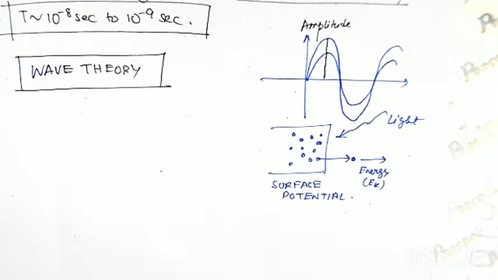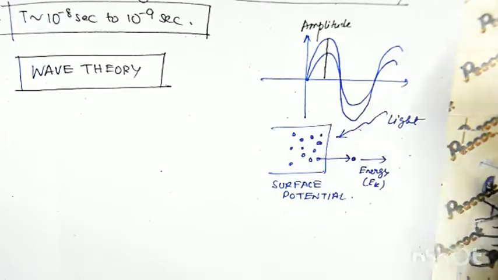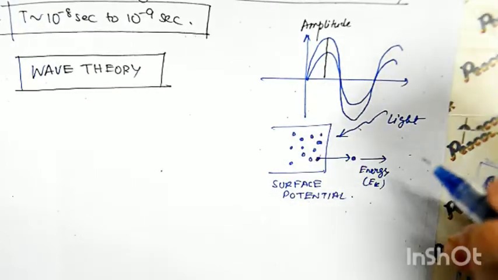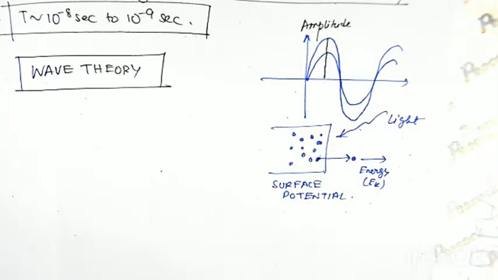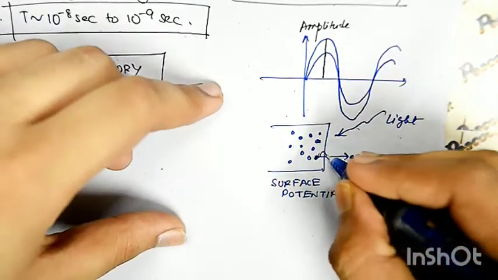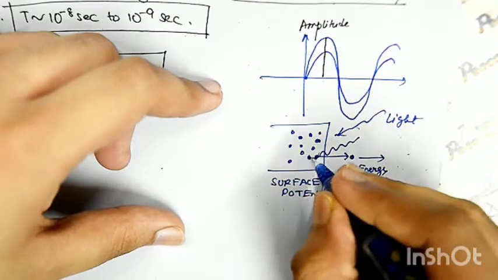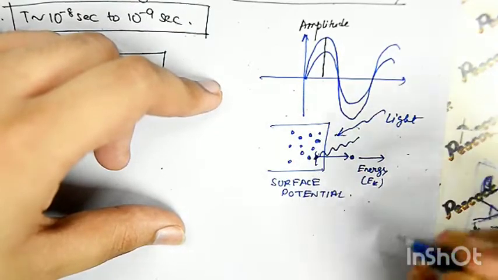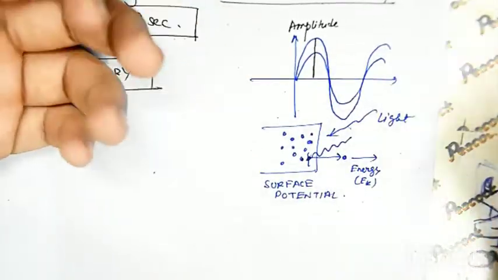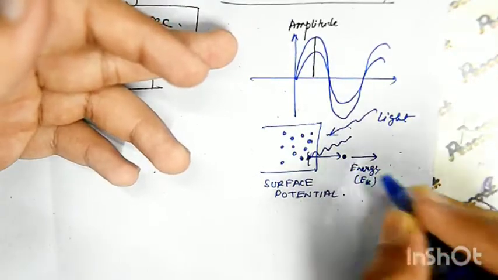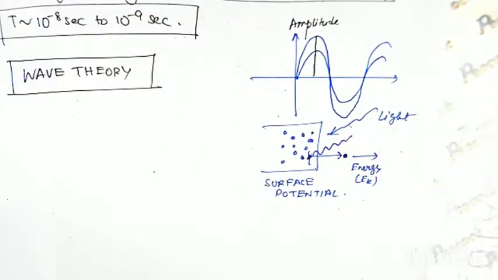As per the wave theory, how will this incident light give energy to these electrons? Now they come like waves. This transfers energy by creating vibration in those electrons, which vibrations will make them free electrons, and those free electrons leave.